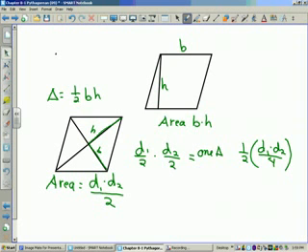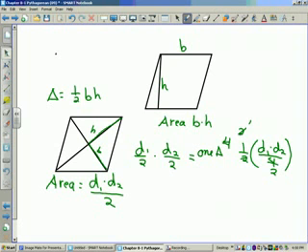But I have 4 of those. So I can cancel 2 into 4 goes 2. And 2 over 4 goes 1/2. So I get diagonal 1 times diagonal 2 divided in half for the area of a rhombus.